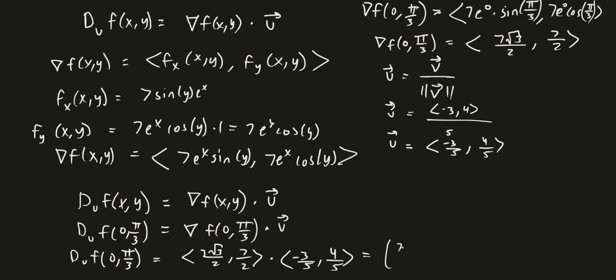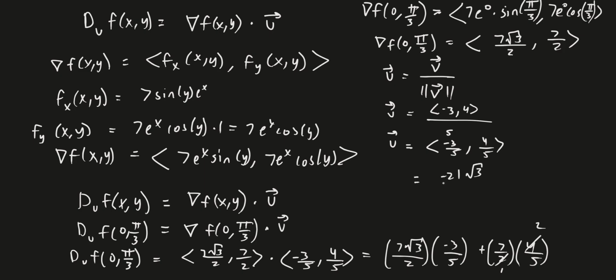So it's 7 root 3 over 2 times negative 3/5 plus 7 halves times 4/5. Okay, so we have negative 21 root 3 over 10 plus 14/5.